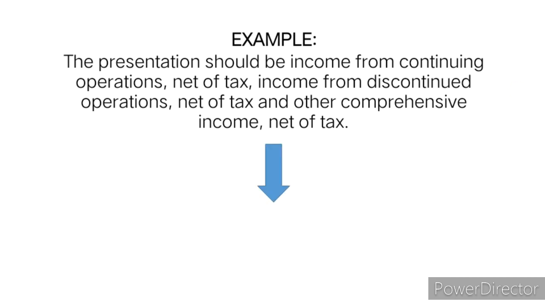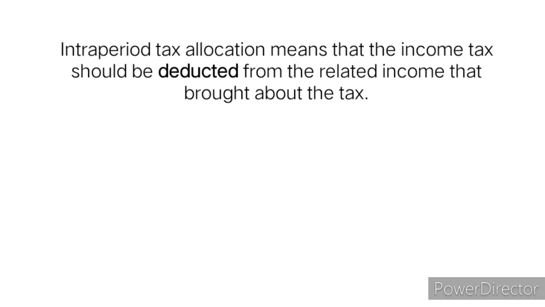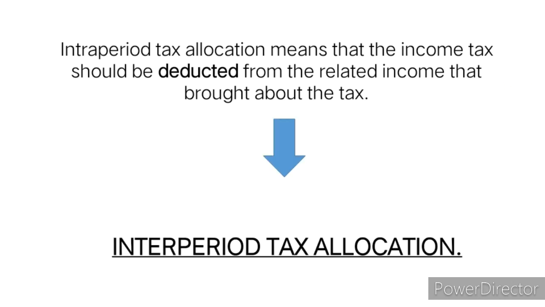This is known as intra-period tax allocation. Intra-period tax allocation means that the income tax should be deducted from the related income that brought about tax. And this is what we call inter-period tax allocation.